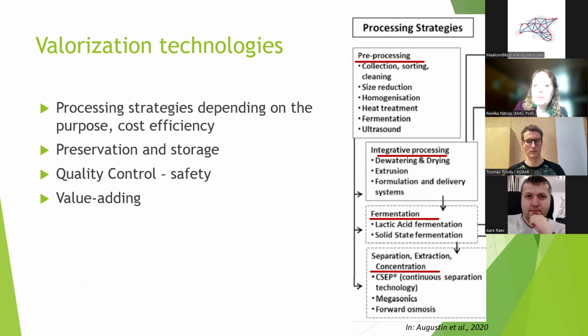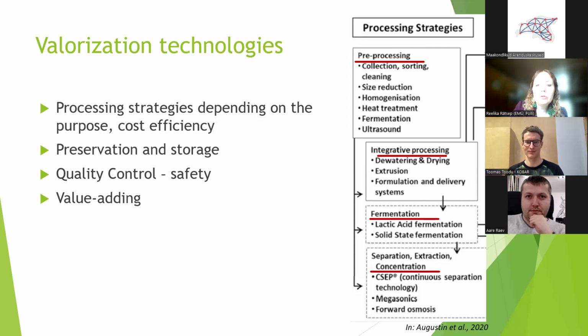Does it need pre-processing? We need to collect it, we need to sort it, clean it. It depends on the material, if it's a pure single solid waste or is it mixed waste, because if it has many different fractions and many different kind of plant materials in it, it needs sorting, and it's a lot more complicated way of doing things.